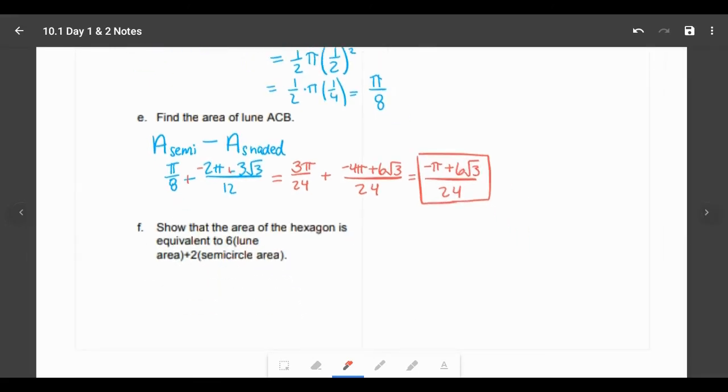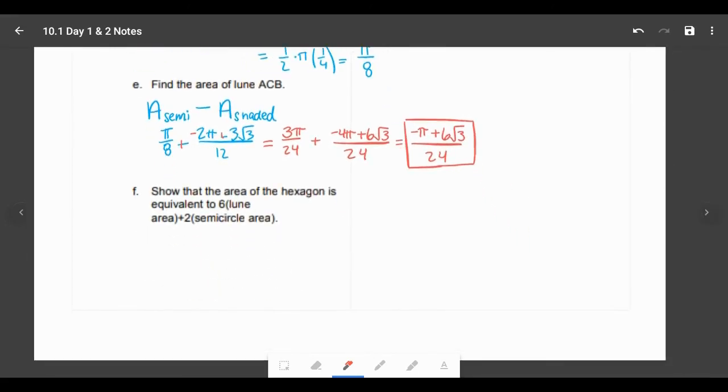For part F here, we're going to show that the area of this hexagon is equivalent to 6 times the area of the lune plus 2 times the area of our semicircle. Okay, well, good thing we have all of these areas already.